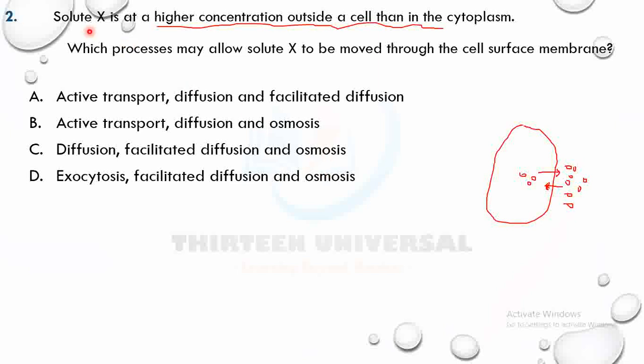We are dealing with a solute, and osmosis deals with the movement of water molecules, not solute. This solute will never move by osmosis because it is not water. Osmosis is specifically for water molecules, and that's why the answer is A.